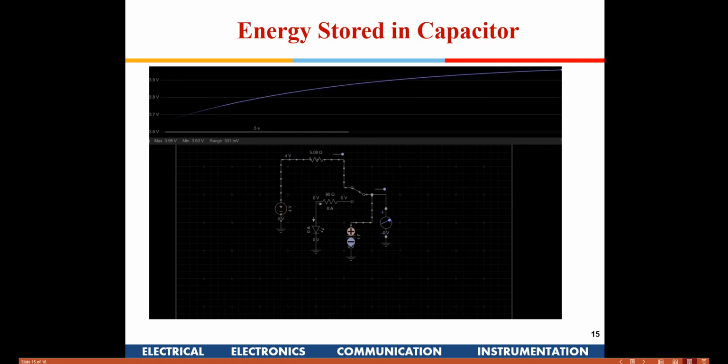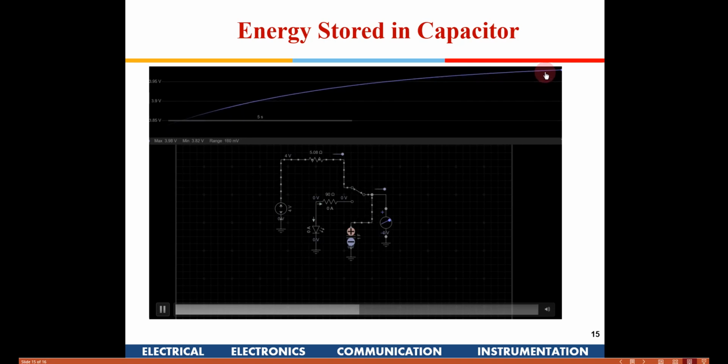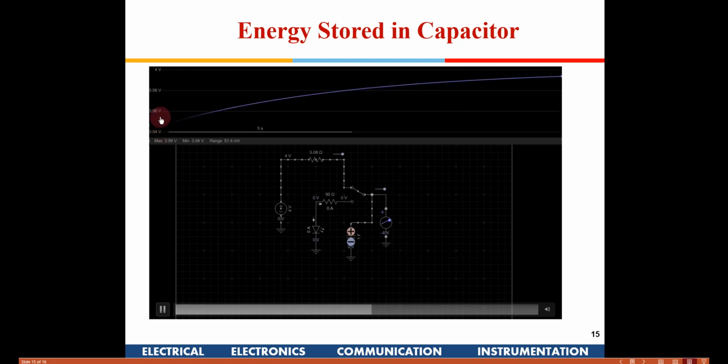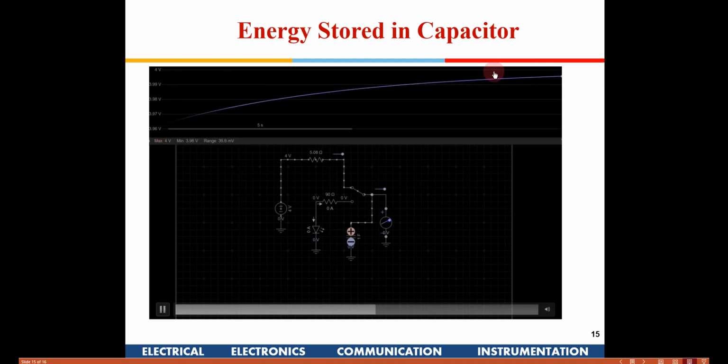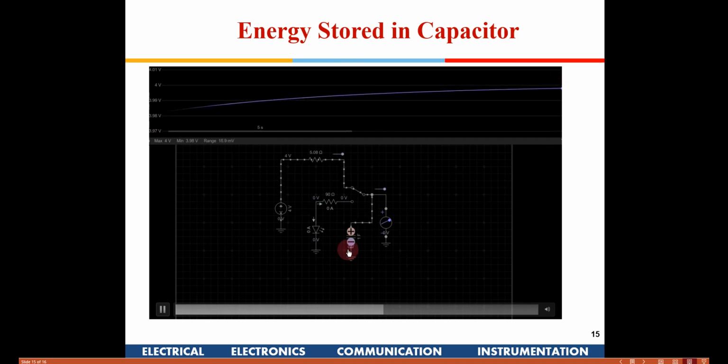After around 5t, we can assume it has already reached 4. Okay, after 5t, now what is the difference? If you see the scale here, 3.92, 3.96, 3.97, it's only changing in decimals. So after 5t, we can assume this capacitor is fully charged.